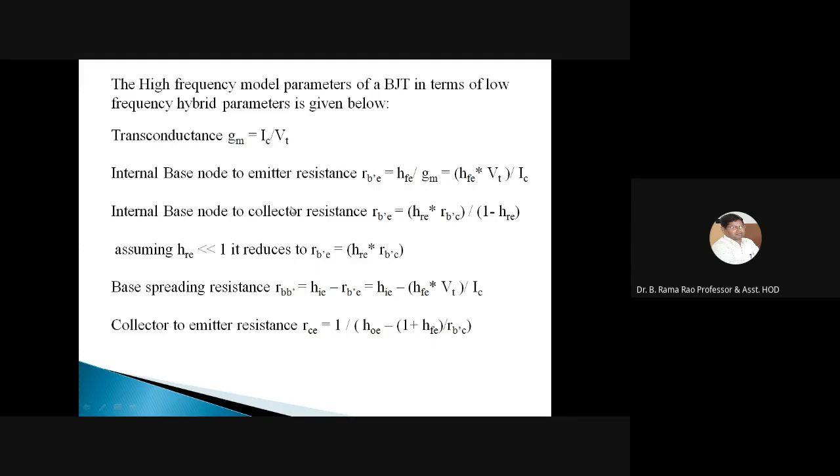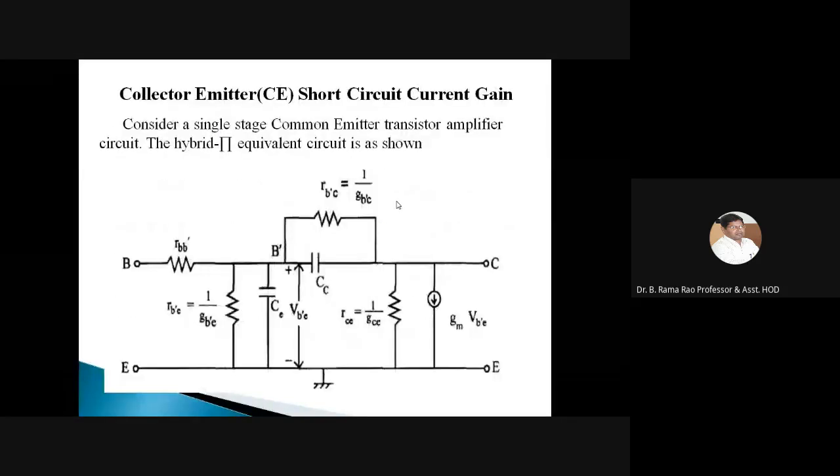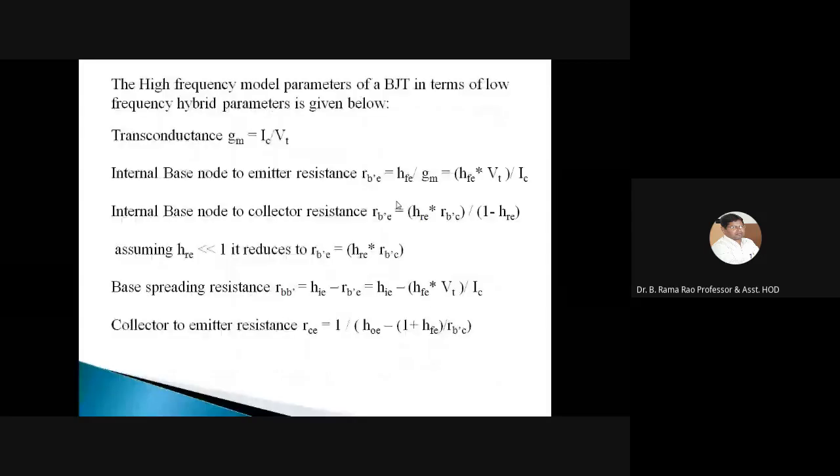These are validated by converting the hybrid pi model into the H parameter model. Another important thing is that the values of these hybrid pi parameters are valid under dynamic conditions. They depend upon the value of IC, VC, and temperature.